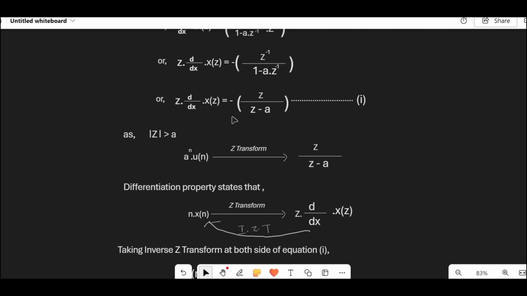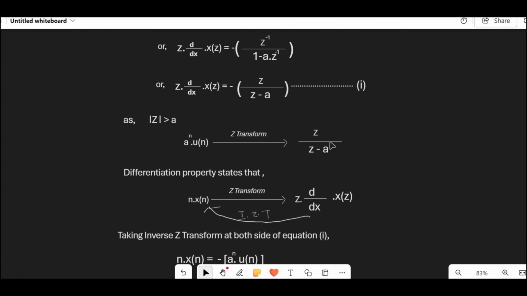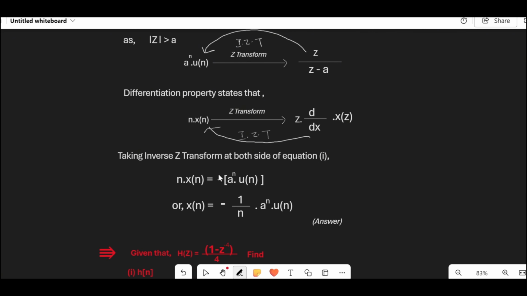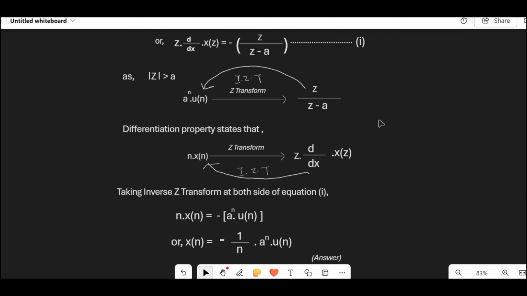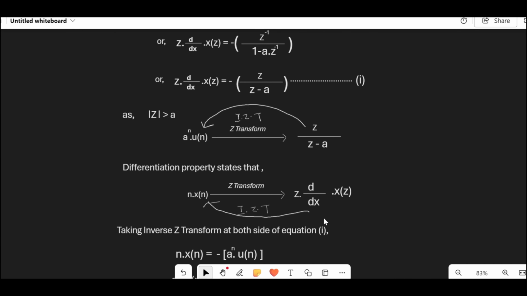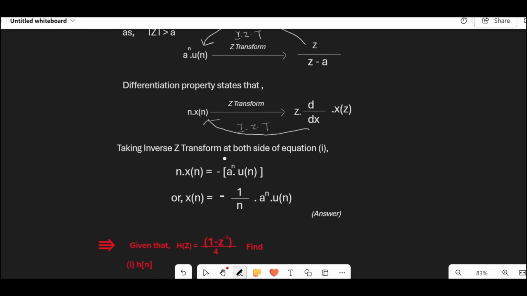And for the right side part, the inverse Z transform is a to the power n into u of n. And as the minus sign exists here, we put minus here. So the final result is x of n equal to minus 1 by n into a to the power n into u of n. That is the final answer.